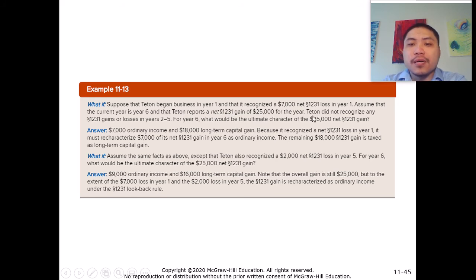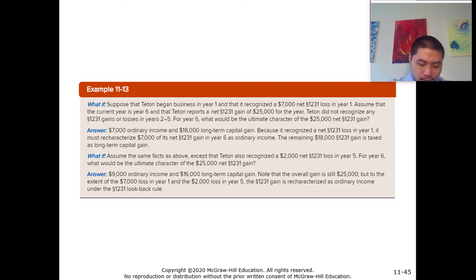And then the company did not recognize any Section 1231 gains or losses in year 2 and 5. For year 6, what would be the ultimate character of the $25,000 net 1231 gain?